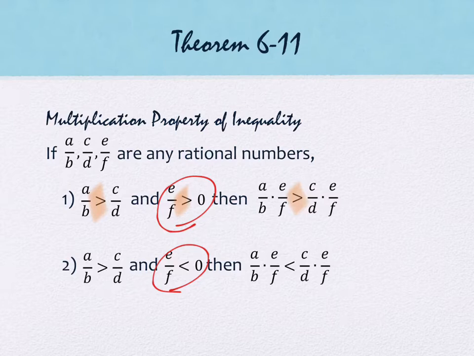So we multiply by positive values, the direction of our inequality stays the same. But anytime we start multiplying by negatives, it flips around inequalities. So again, it starts out greater than, but I multiply by a negative. And when I multiply by a negative, the direction of my inequality, in this case the greater than inequality where it started, becomes a less than inequality.